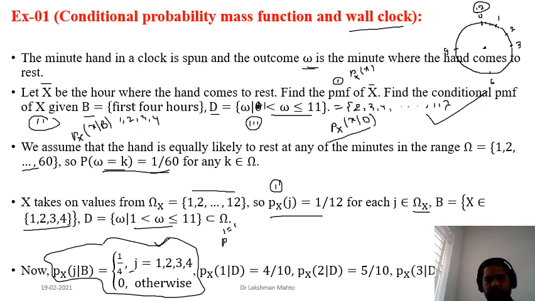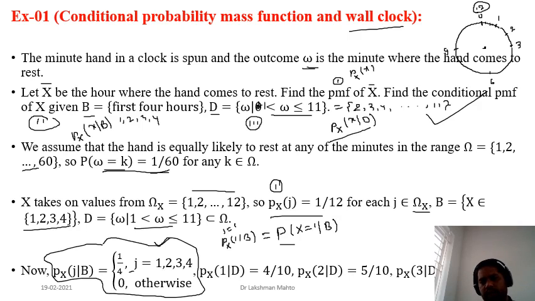Individually try to calculate the probability mass function for X equal to 1 given B. It is defined by the probability that X is taking value 1 given B.